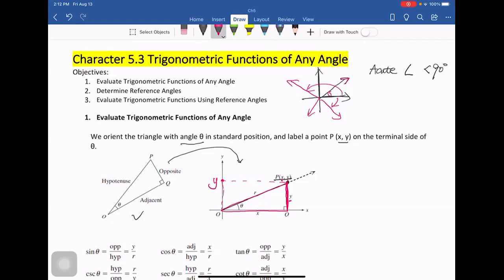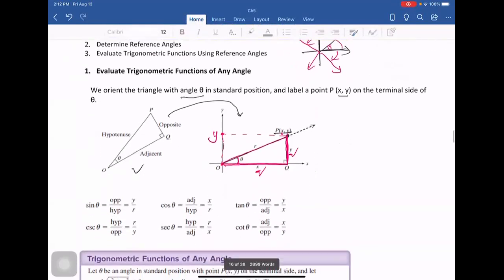The length of the opposite side of theta is y. How about the adjacent side? The value of the adjacent side is x, because it's located on the x-axis. Right now, you're clear about the lengths of the opposite and adjacent sides.